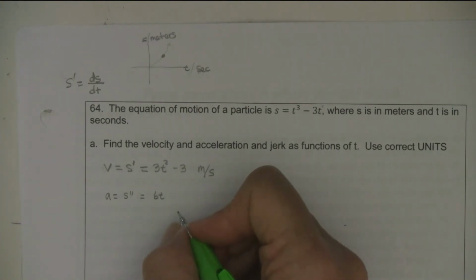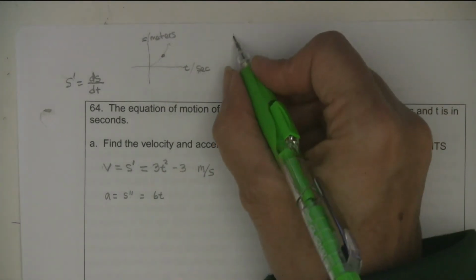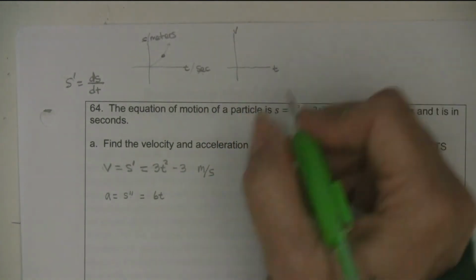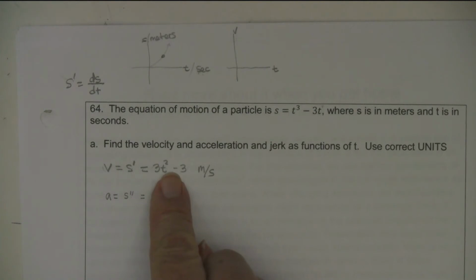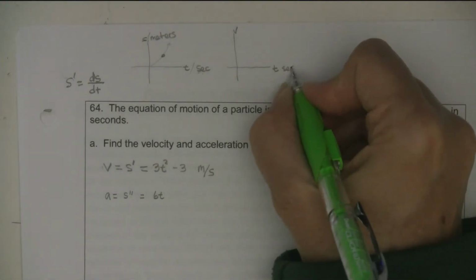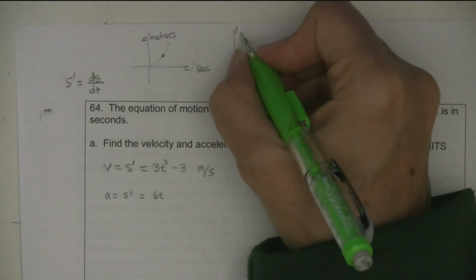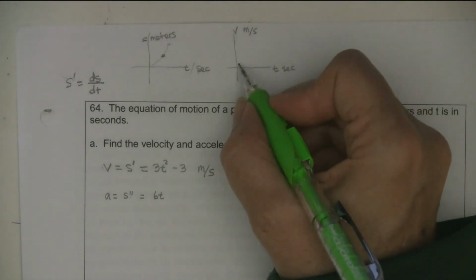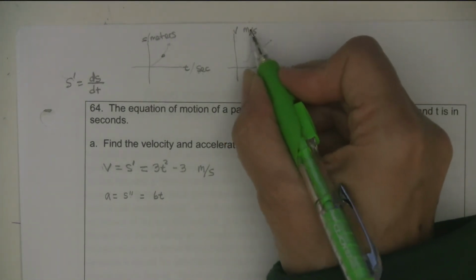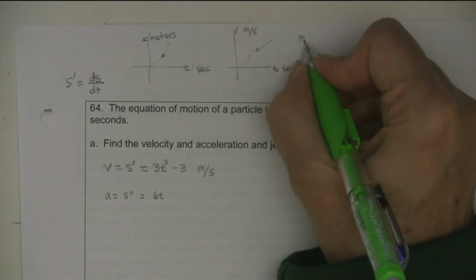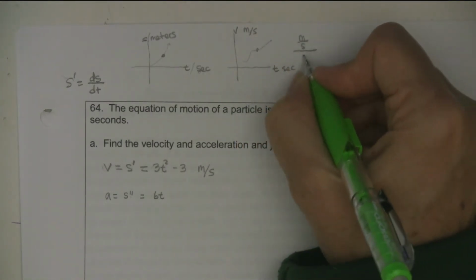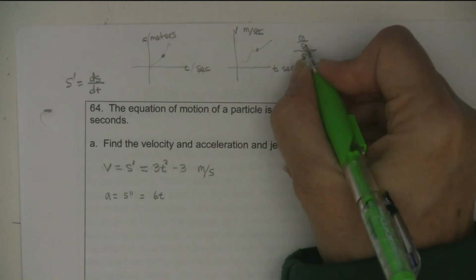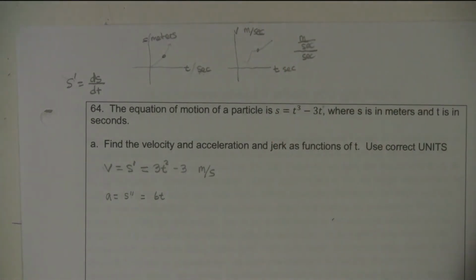Then I want to show you what the units would be, on a picture. Here we had velocity, and here we had time. Time was in seconds, and velocity was in meters per second. You have your function going here, and you're going to find your slope, which is this over that. So it's meters per second over seconds. I'll clean it up and have it all be the same.